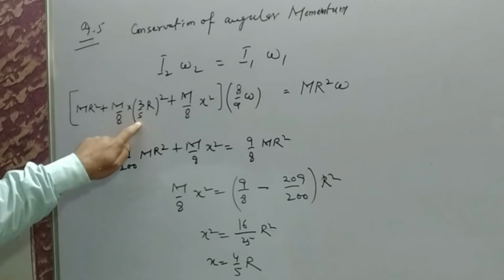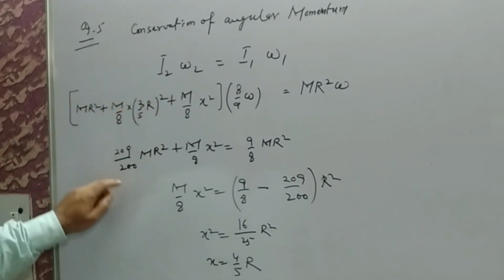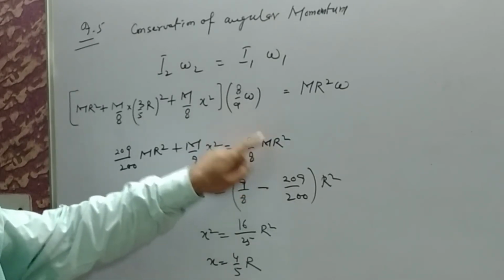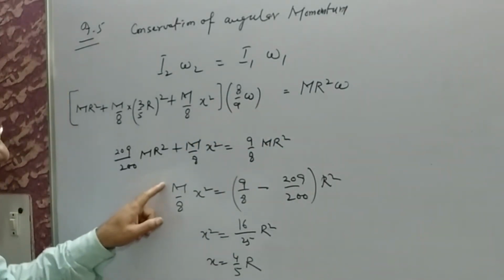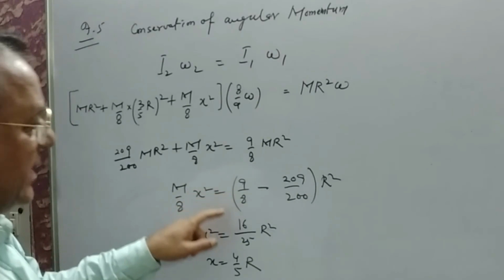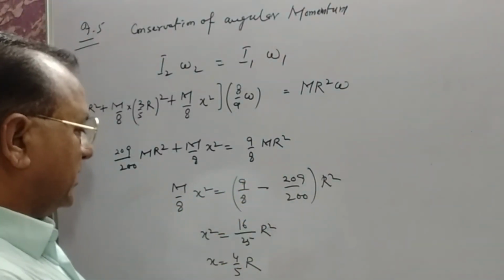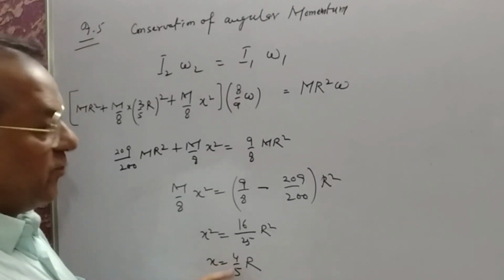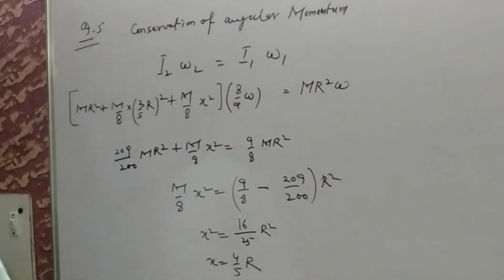You add this, 25, 200, 209, M r square plus m by 8 x square is equal to 9 by 8 M r square. You take it this side. M by 8 x square is equal to 9 by 8 minus 209 minus 200, which gives you 16 by 25 r square. X is equal to 4 by 5 r.